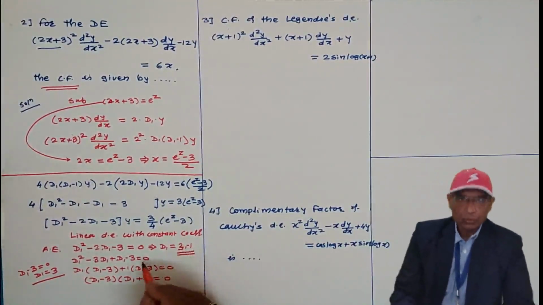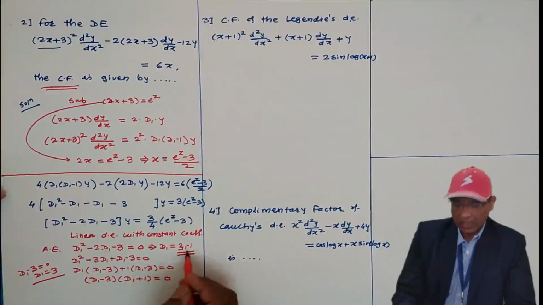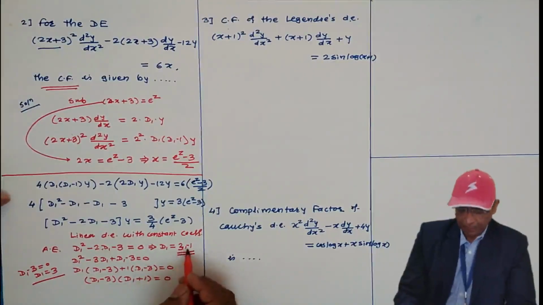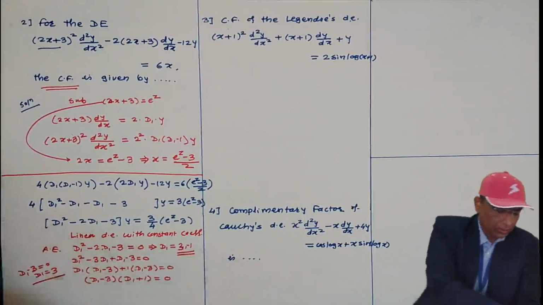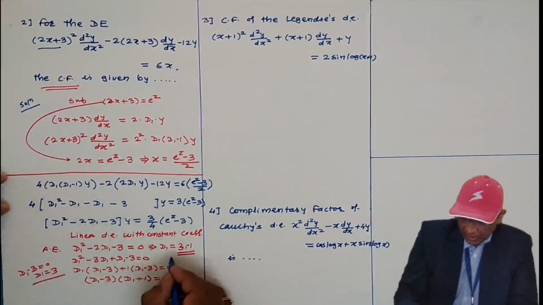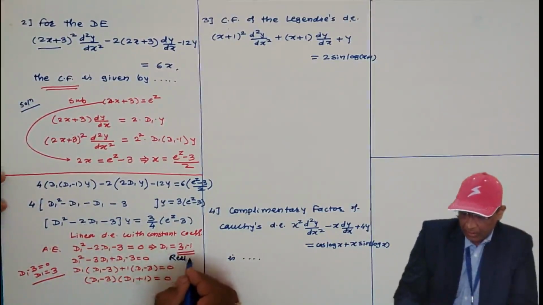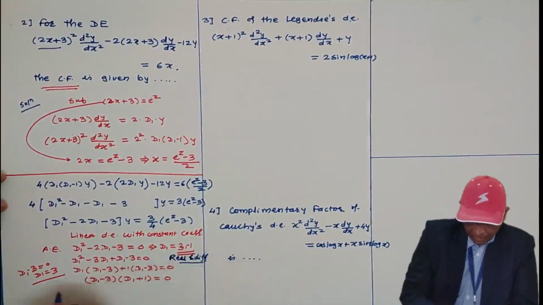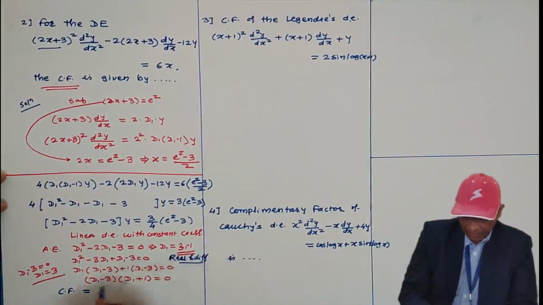So use calculator, no need to follow this procedure. Using calculator, you can get the value of d1. And these values are real and different. These values are real and unequal, you can say, real and different. Therefore, complementary factor for real and different values is C1 e to the power 3z.